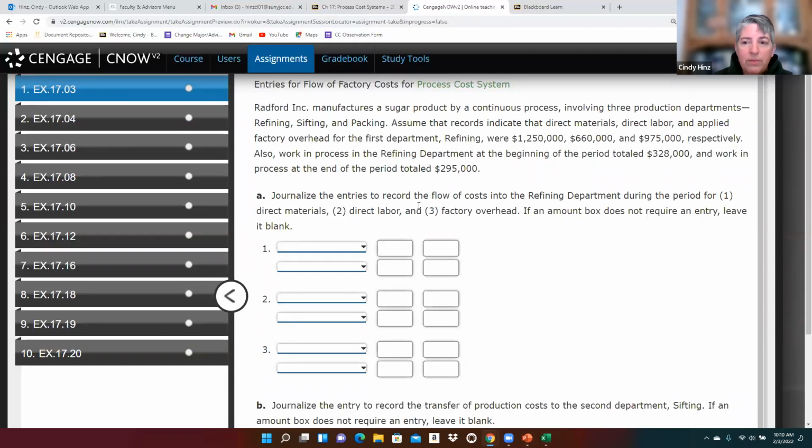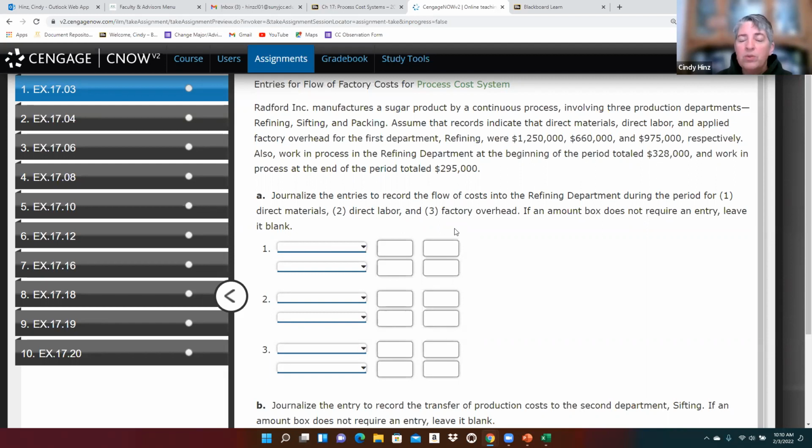So we'll start with direct materials. That's part number 1. So this part, what we're doing right here, isn't really any different than what we did in chapter 16 for job order costing.